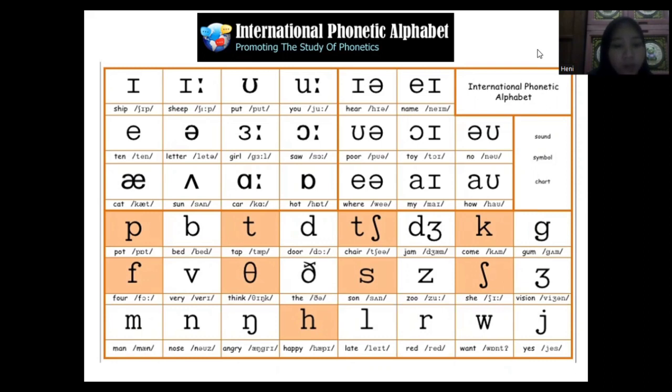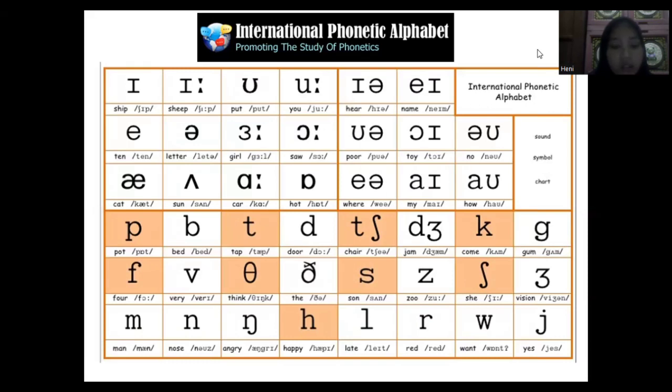The example, pet. Next, when pronounced in the coronal area, we have t and d. T sound is voiceless. The example, tape. D sound is voiced. The example, door.